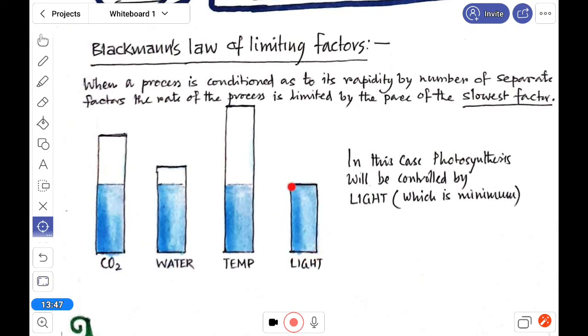On the basis of the light, the temperature, water and carbon dioxide effects will be maintained, so it will be controlled accordingly. If carbon dioxide is less, then the process will proceed according to that. That you have to understand. That is Blackman's law of limiting factors.